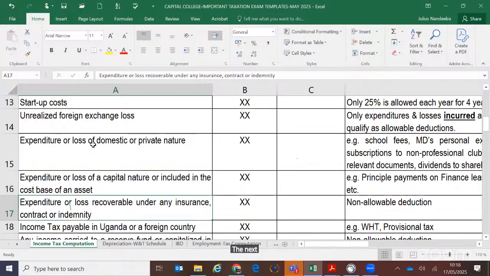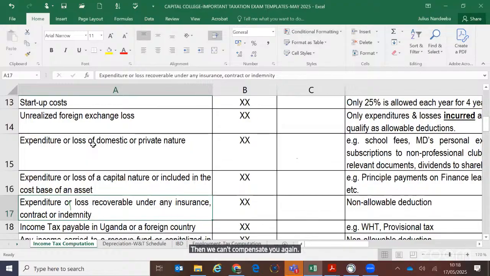The next item is losses. For example, theft, fires, losing your stock, etc. Those are business losses, and ideally they are allowable deductions. But if they are covered under insurance, if you will recover the loss, then we can't compensate you again.